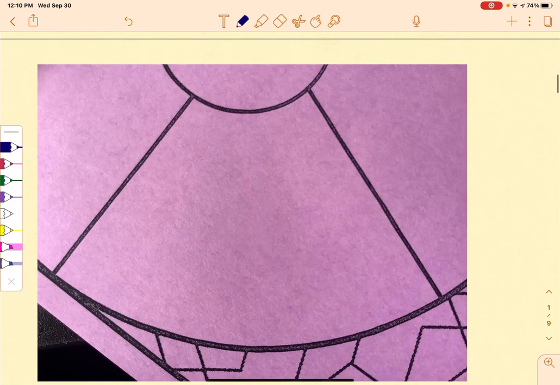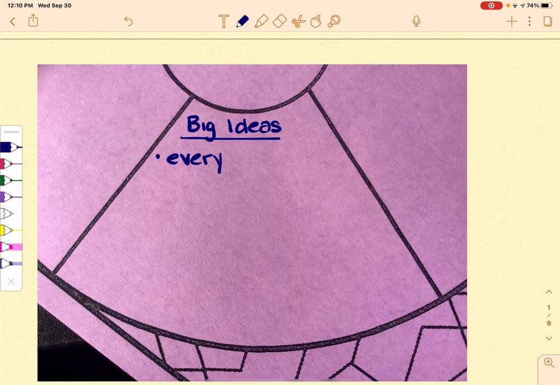Okay, so I'm going to go to my first piece, and I'm going to start with some big ideas, so you have an idea of what's going on and what you need to pay attention to. First of all, in order to do these problems, everything has to be a fraction.